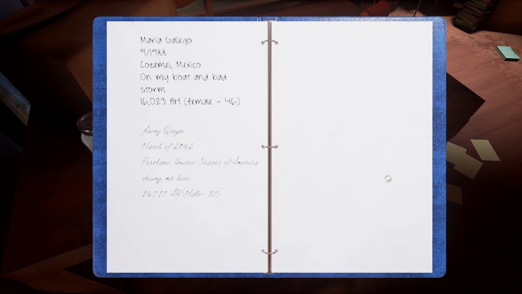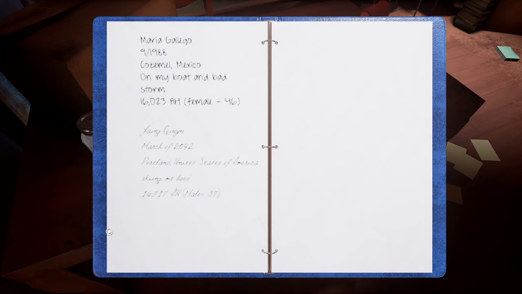Maria Gallego, 1988, Cozumel, Mexico, on my boat in bad storms, 16,023 AH, female 46. Oh my gosh, Kittier, March of 2042, Portland, United States of America, skiing Mount Hood, 16,717 AH, male 37.